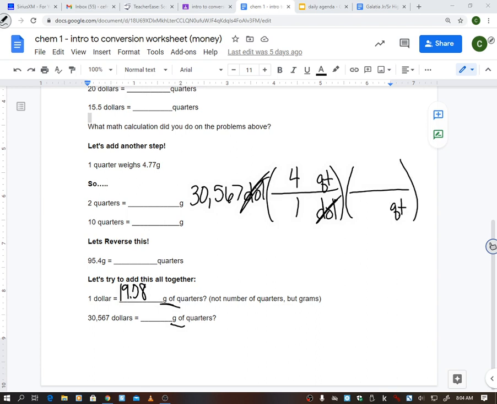I'm going to put this catty corner from each other so they'll cancel out. And I know that is 4.77 grams in 1 quarter. So this tells me I'm going to take 30,567, multiply it by 4, then multiply that by 4.77. And that would give you this large number I'm going to write here, 583,218 grams.